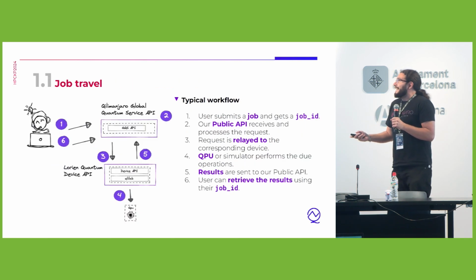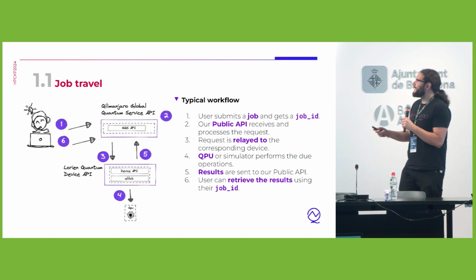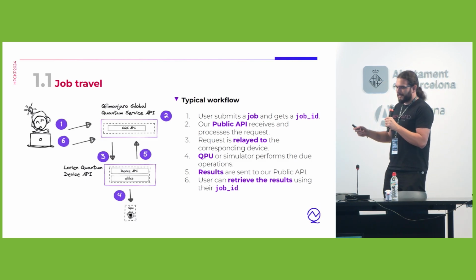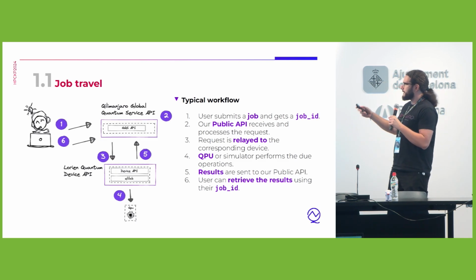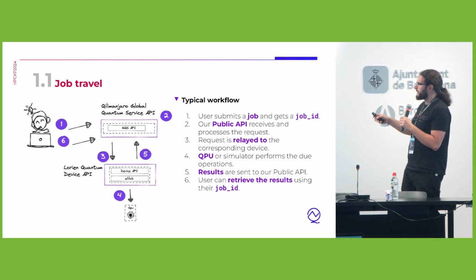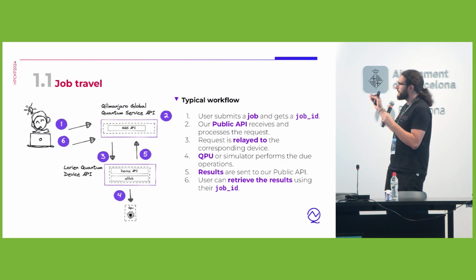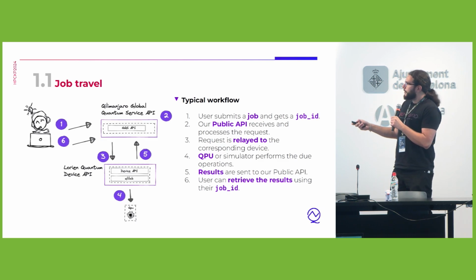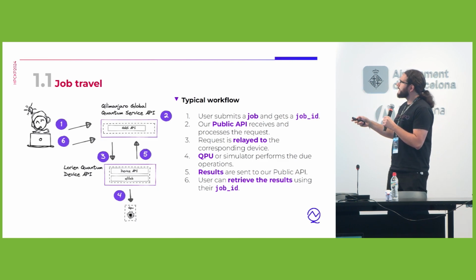So the usual user story is that a user writes a quantum circuit in whichever way he prefers. Currently, we are supporting QASM internally, so anything that can be written in QASM can be sent. That job arrives to the public API. It is stored there, in a database, whatever.